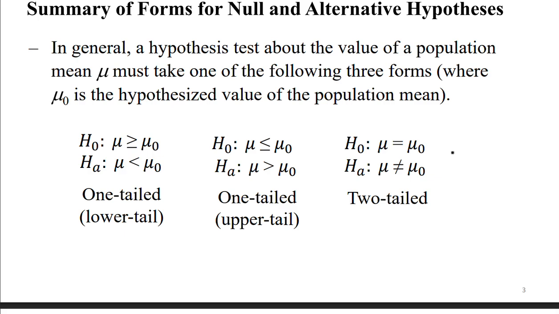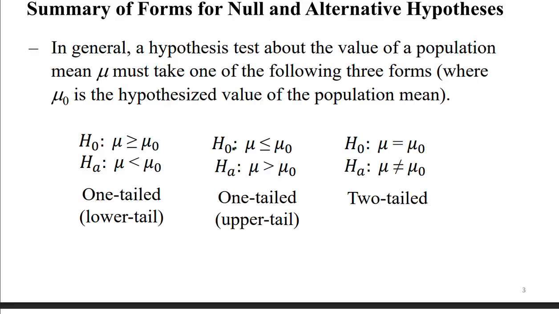Now, the general form of writing our null and alternative hypothesis in this course is such that if the null hypothesis is that the average is greater than a specific number, our alternative will be that the average is less than a specific number. And so the alternative hypothesis is always a statement opposite to the null hypothesis.